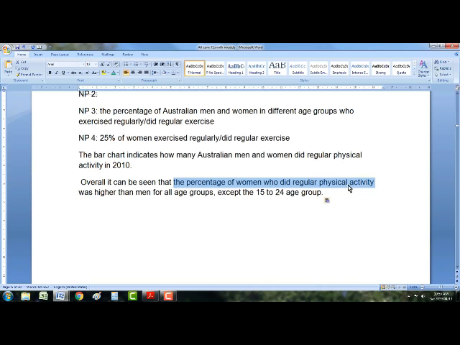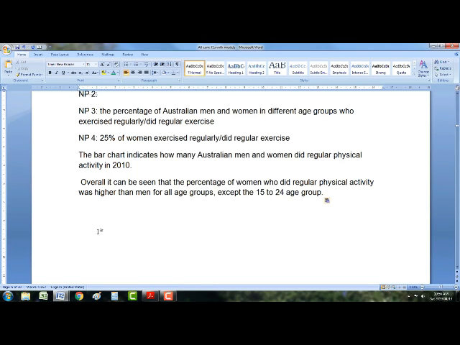Percentage of women who did regular physical activity was higher, main verb, and then than men. That's where this one is a little bit different for all age groups except the 15 to 24 age group. You need to be a bit flexible with your overviews because we never know what's going to happen with the overview.